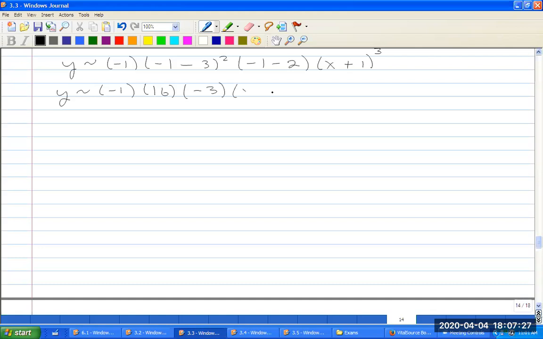X plus 1 cubed. Negative times negative is positive. 16 times 3 is 48. X plus 1 cubed, near x equaling -1.